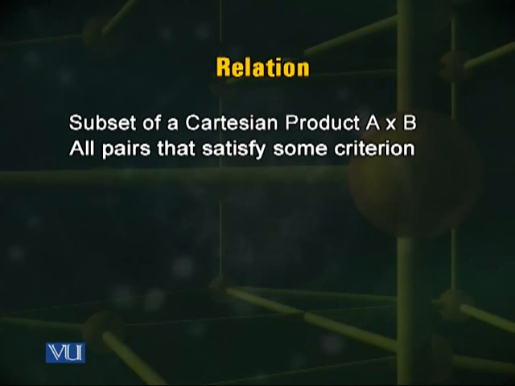It relates the elements from the first set and the elements from the second set in such a way that they follow a certain rule. So a subset of Cartesian product is a relation. Any subset is a relation, and by default the Cartesian product itself is also a relation.